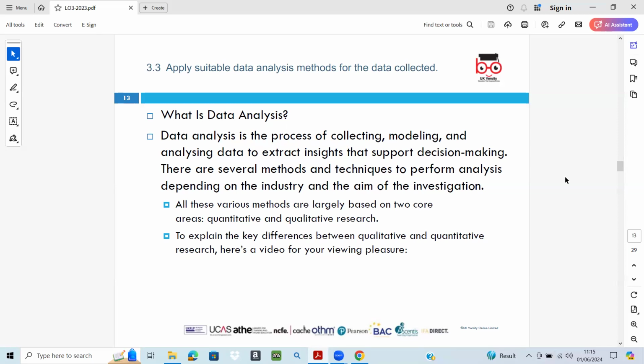Data analysis, basically, we can say is a critical process in research and decision making involving the collection, modeling, and examination of data to drive insight that inform strategic action. Various methods and techniques exist for data analysis, each catering to different industries and research objectives. Broadly, data analysis can be categorized into two core areas: quantitative research and qualitative research.